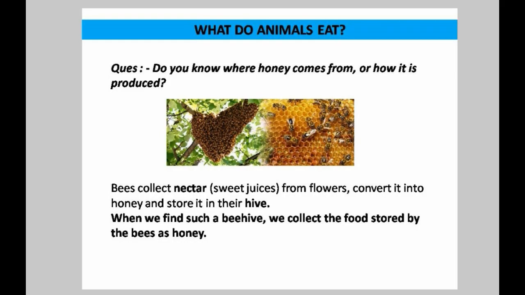Now, let's begin with another topic that is also mentioned in your book: what do animals eat? What do animals eat? वो खाते क्या हैं? So obviously, as we are starting from our own concepts, we know that cow eats grass, and goat eats some leafy vegetables or some leaves. What about camels?